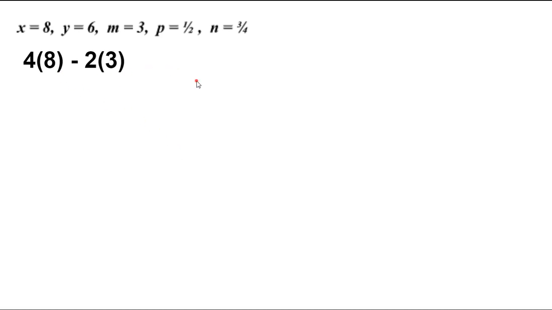So, G, E, we have no groupings. We have no exponents or square roots. We do have multiplication, so we're going to do multiplication left to right. So 4 times 8, that should give me 32. So 32 minus 2, I'm going to put a dot here instead of the parentheses, times 3. So now I can do 2 times 3. 2 times 3 is going to give me 6. So 32 minus 6.